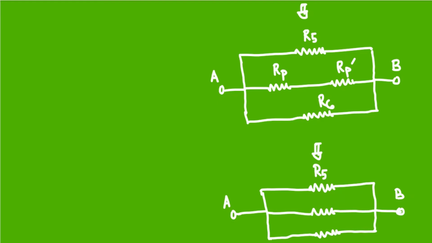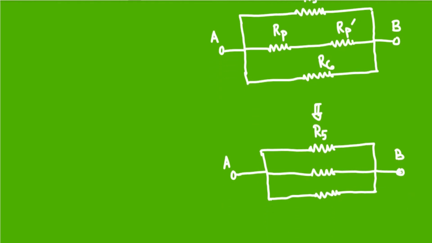So the equivalent resistance of RP and RP prime should be denoted by RS. This is RS, and the last resistance is R6.